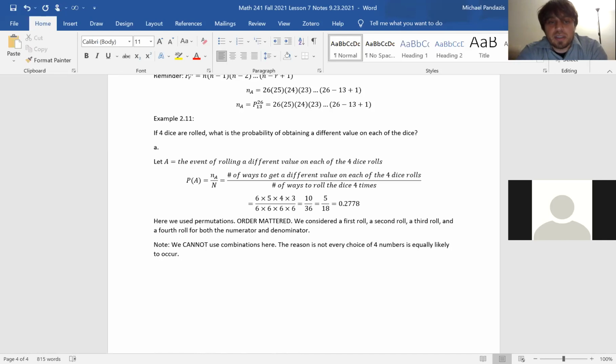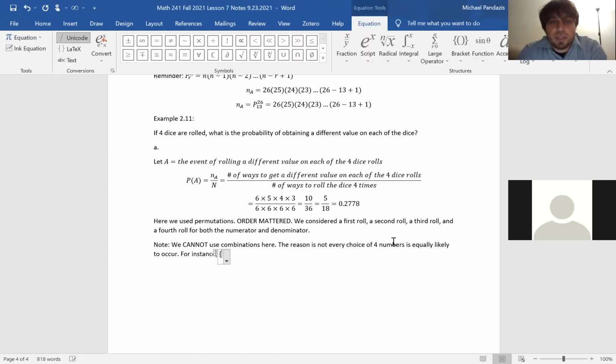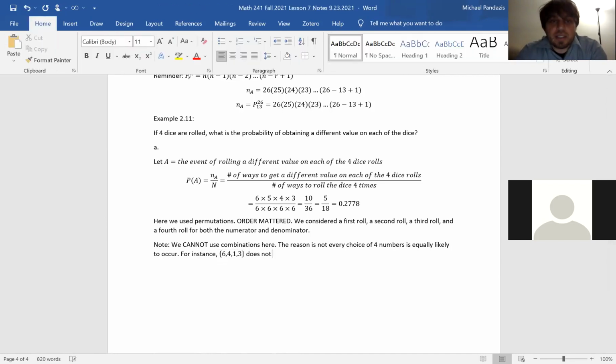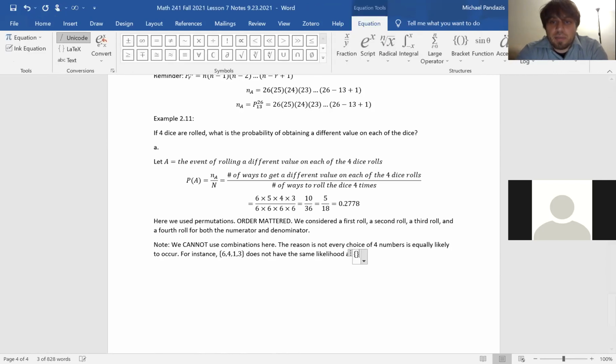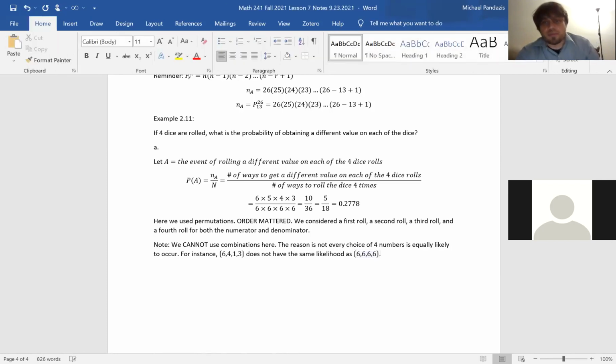For instance, the combination 6, 4, 1, 3 does not have the same likelihood as the combination 6, 6, 6, 6.